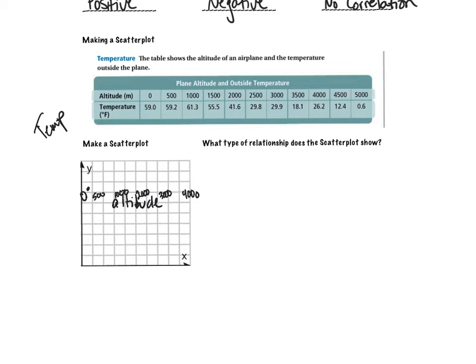And I might have to extend my scatter plot just a little bit. And temperature, right, it's going from almost 0 to 60, right? And so I have 10 lines again. So I might go 10 every line, right?